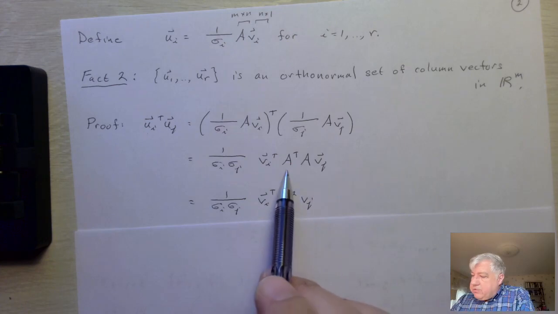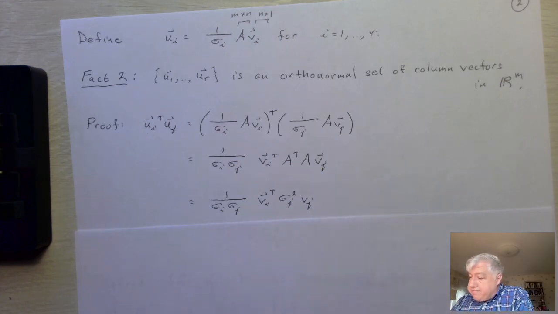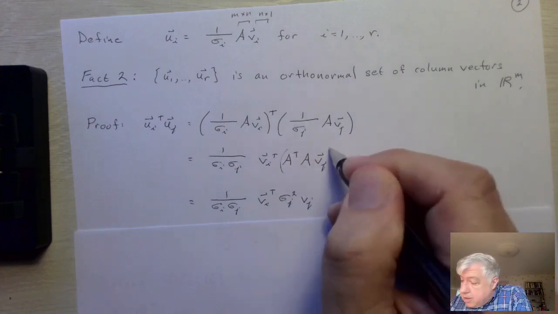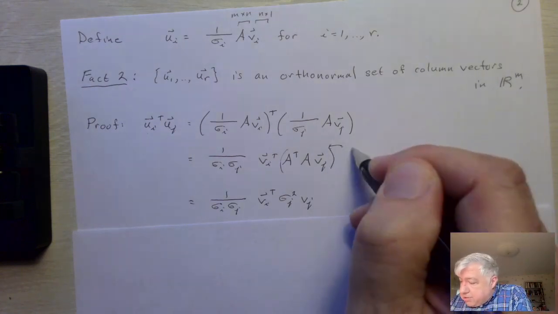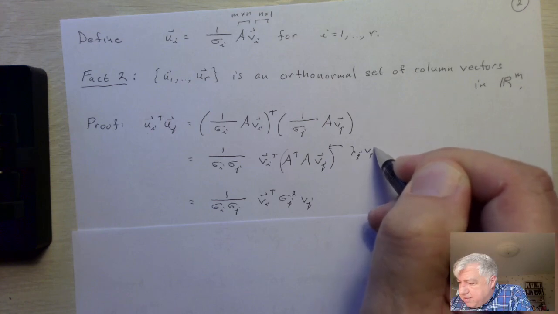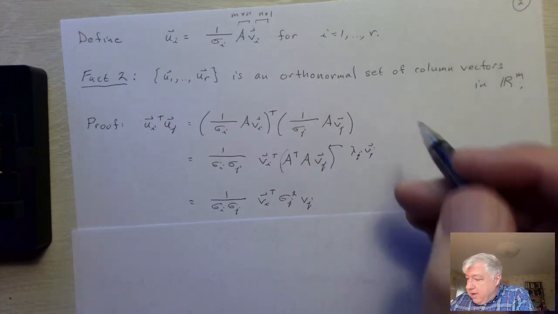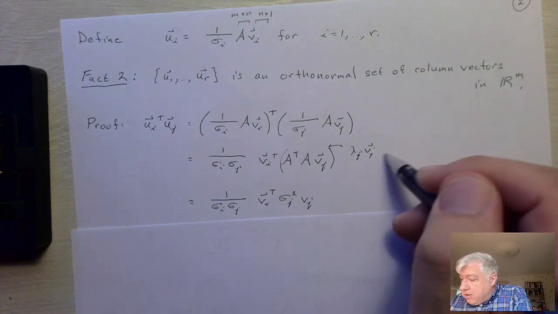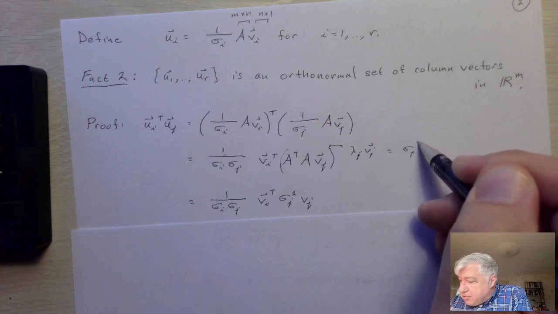Remember, A transpose A v_j is going to be equal to lambda j v_j, because v_j is an eigenvector of A transpose A, and lambda j is the same thing as sigma j squared.